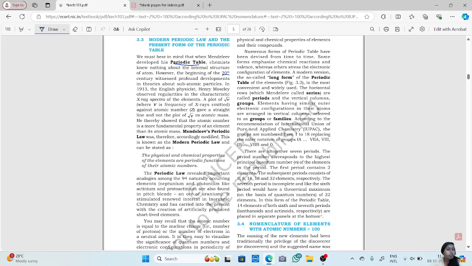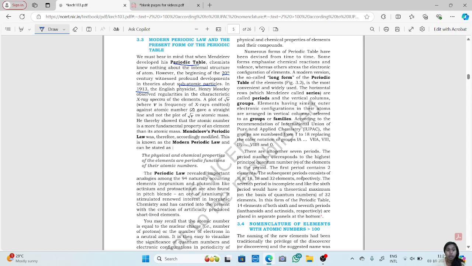However, as the 20th century began, there was development in the theories about the structure of the atom, and there were various theories which stated the subatomic particles. Now, in 1913, the English physicist Henry Moseley observed regularities in the characteristic X-ray spectra of elements.